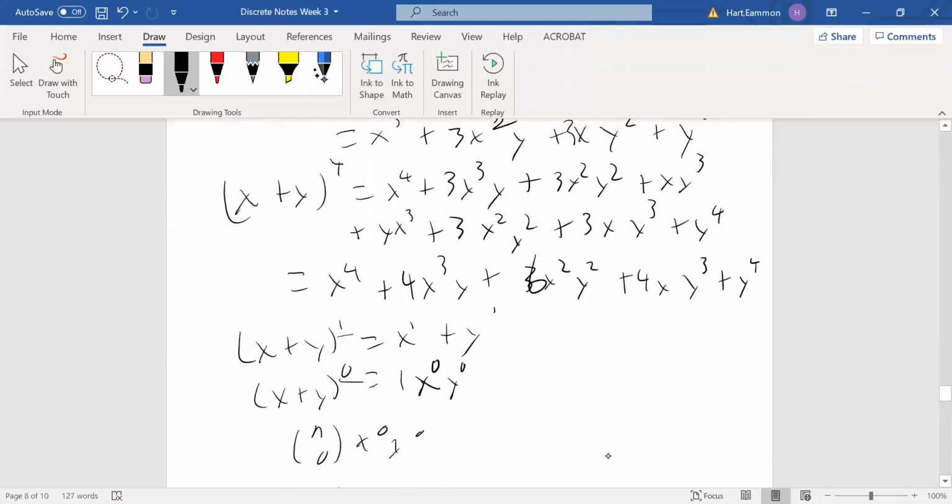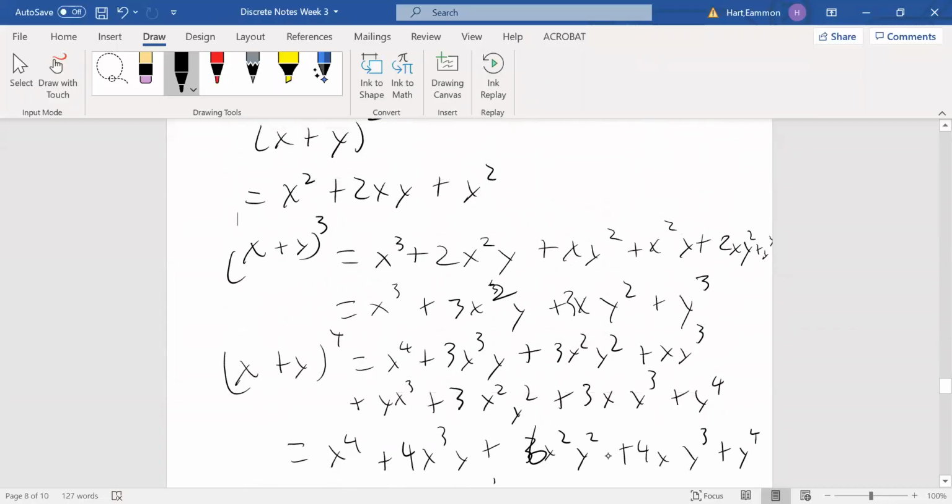Up here, this term is n choose 0, where n is 3. So 3 choose 0, this is 3 choose 1, this is 3 choose 2, and this is 3 choose 3, which is the same thing as 3 choose 0.